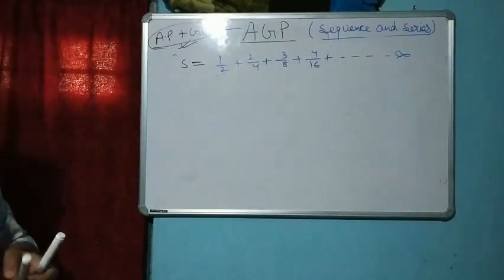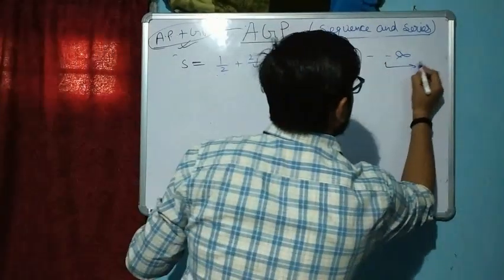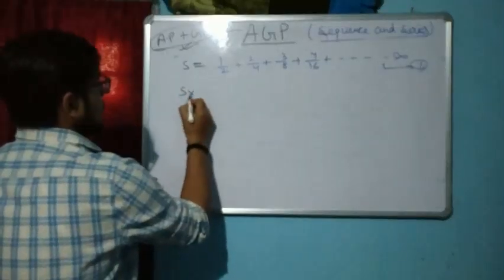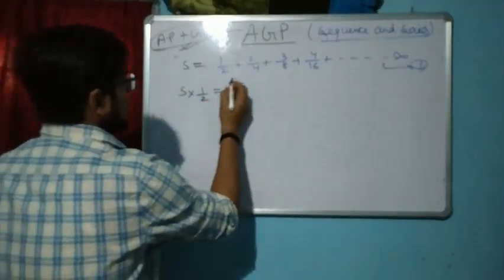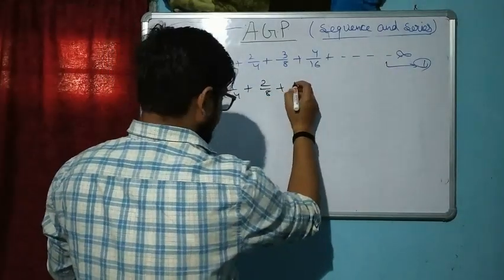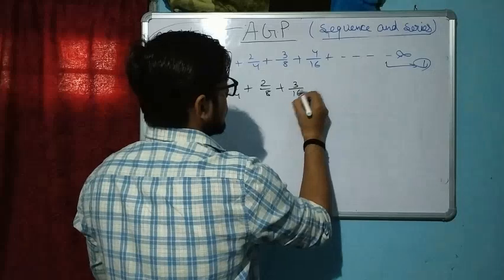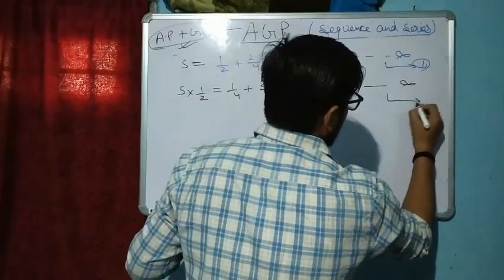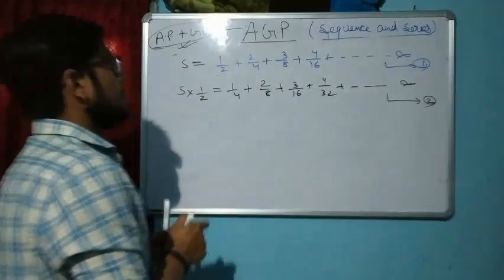So let us look at what we get after multiplying. Now after multiplication you will get s into 1 by 2, this will be 1 by 4, this will become 2 by 8, this will become 3 by 16, this will become 4 by 32, and so on. So this is basically equation number 2.